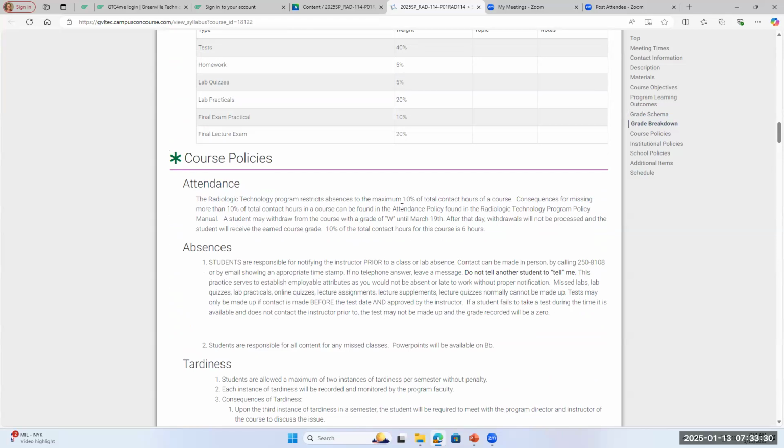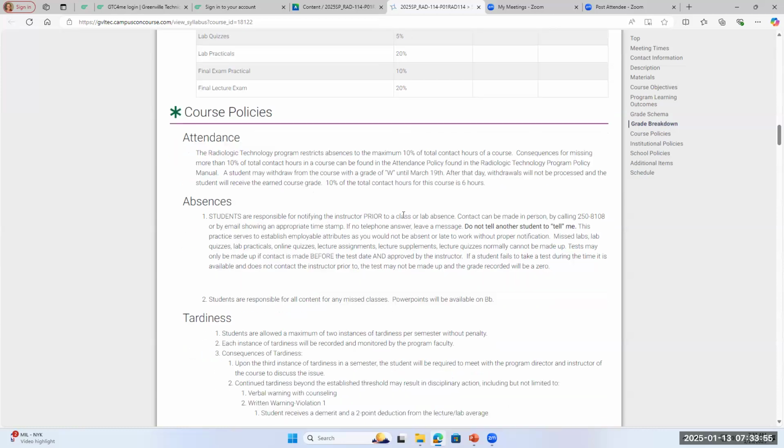But we have a little bit stricter policy because you guys have seen how important it is to actually be in class and be in lab. So if you miss more than 10%, then there's some things that happen after that. If it's only one class, then I think you lose your right to earn PTO. I'd have to look back, but those are in the policy manual, which is also in Blackboard.